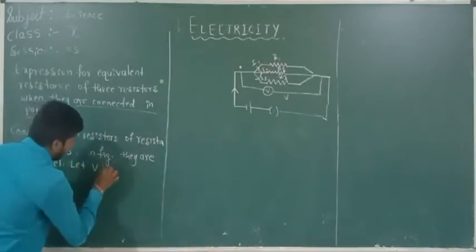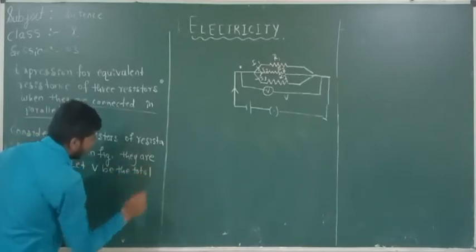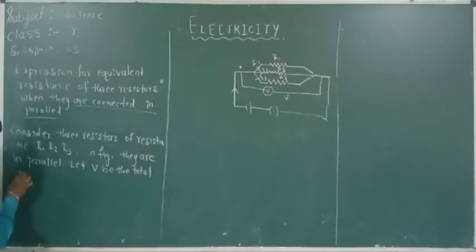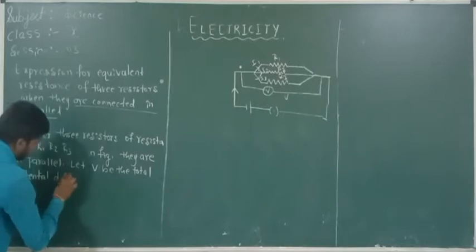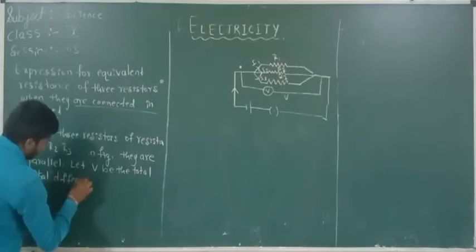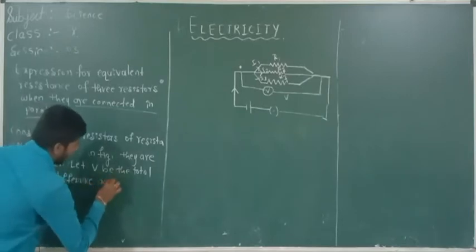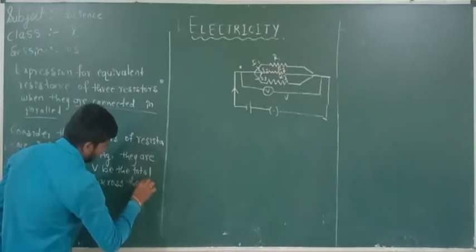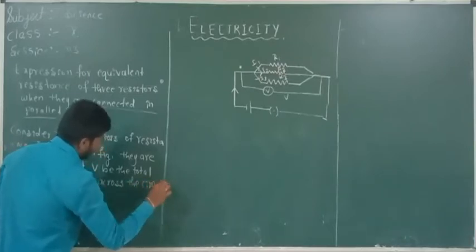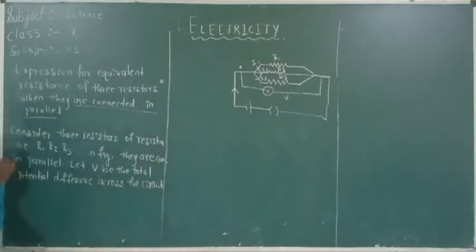Let V be the total potential difference across the circuit.